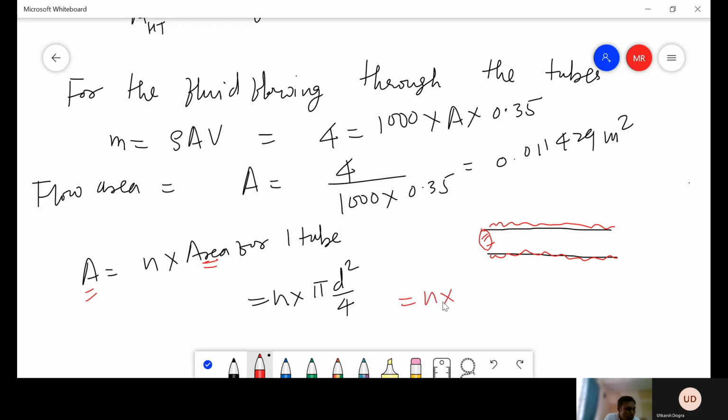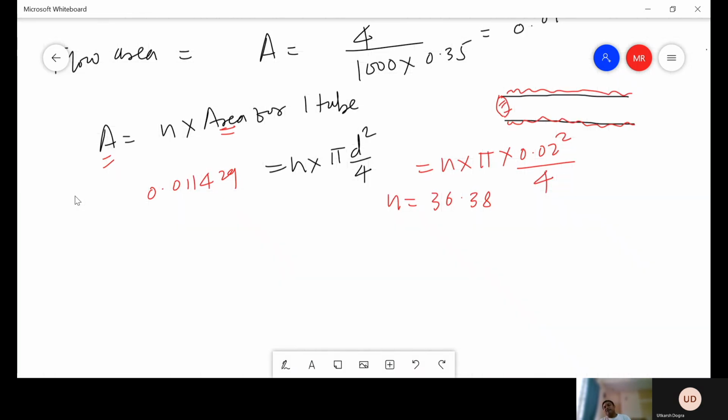So n into pi into d, which is 0.02 squared, divided by 4. So we can calculate, and this area is given as 0.011429. So from this we can calculate n. So n comes around 36.38. Do you agree?